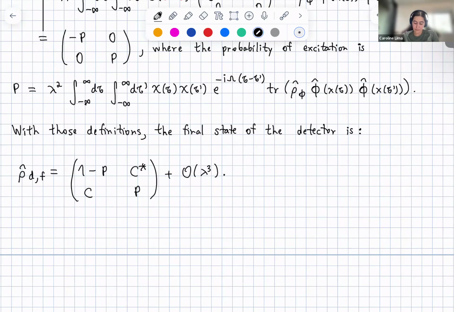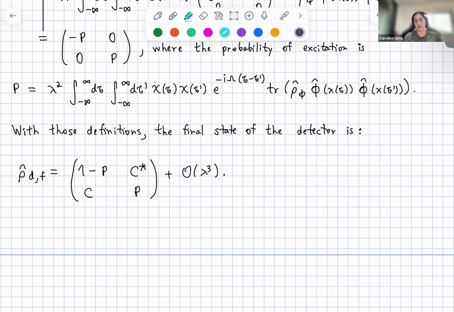So we had this probability of excitation here, the probability that this detector went from the zero state, from the ground state, to the excited state. And we also have these first order corrections, which are going to give us these coherences. Okay. And as I said before, of course, the final state is going to be trace one.